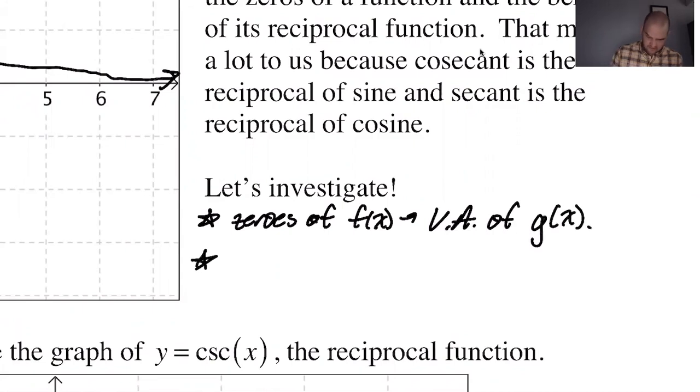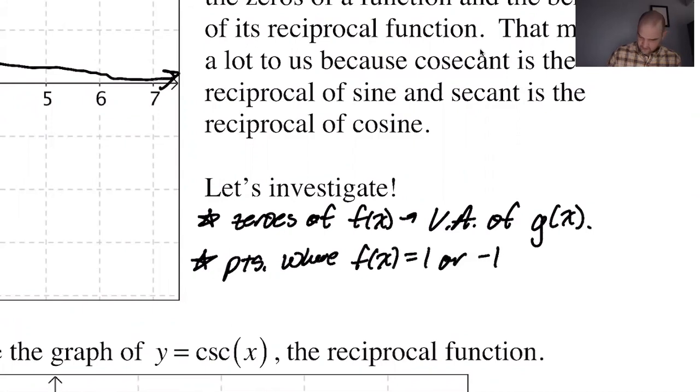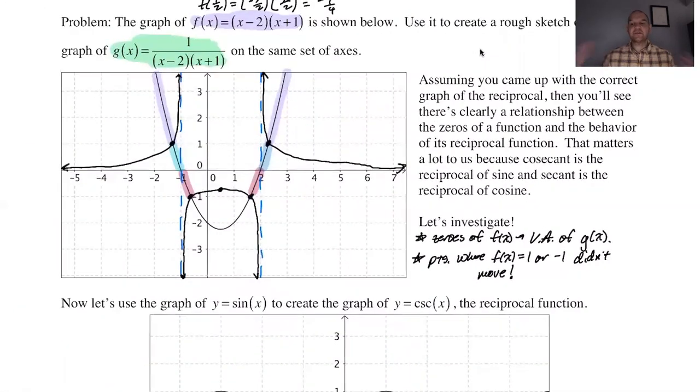And then points where f of x equaled 1 or -1 didn't move. And the only other thing we did was we thought about the reciprocals of very large numbers and the reciprocals of very small numbers. The reciprocal of a large number is really small. The reciprocal of a small number is really large.